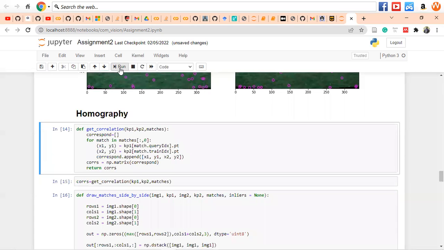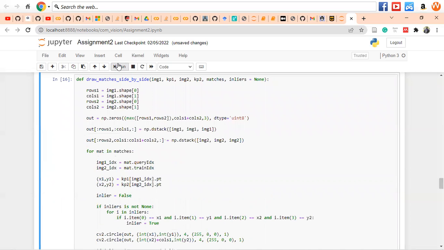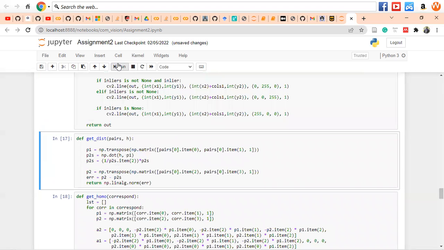But before that, with the key points and matches, I'll perform some correlation between them. So I defined a correlation reference that we use for our homography methods. So okay, correlation here. I defined a function that will draw the images side by side.